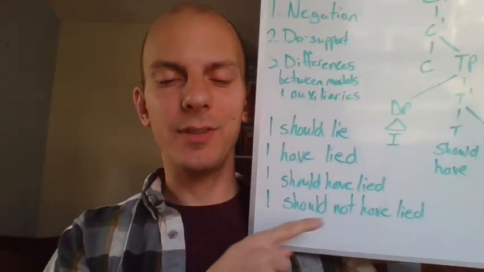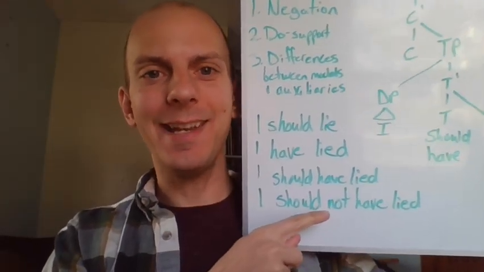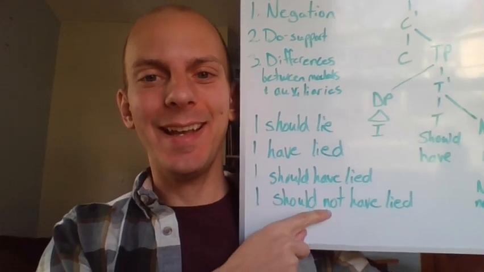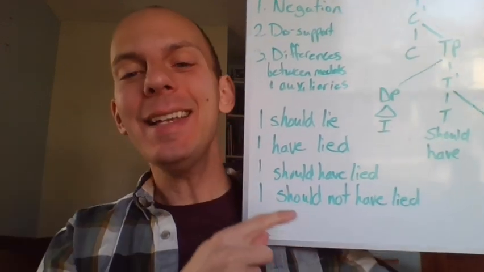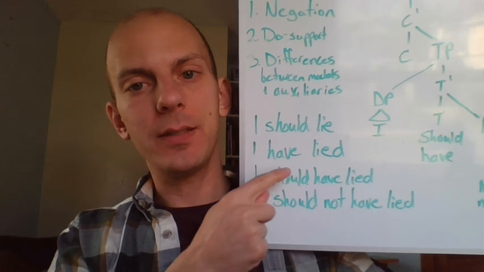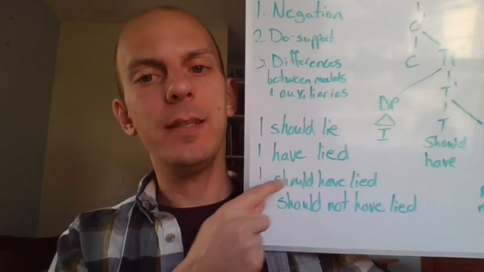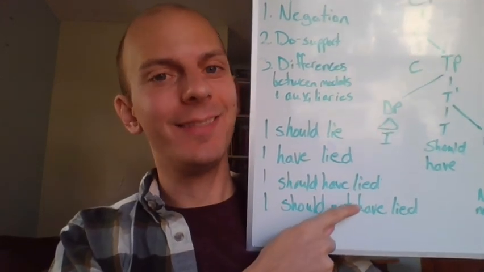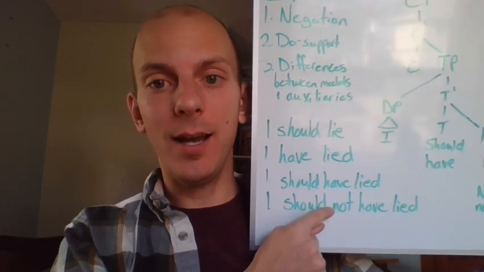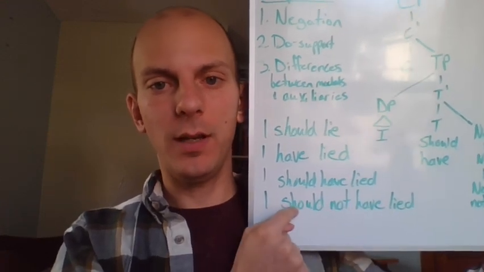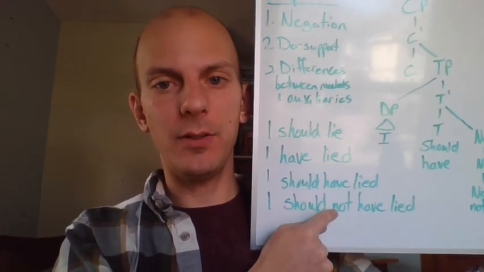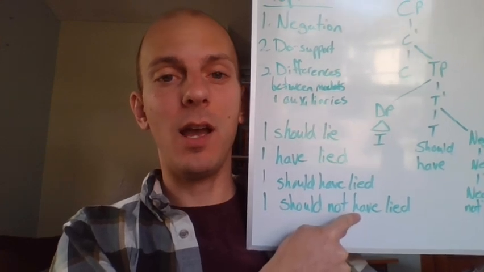And what's really interesting about this, sorry, I'm a geek, I find this fascinating, right? Before, these were next to each other, so it was a little bit harder to tease them apart, but now they're not, pun right there, they're not next to each other. You have should higher up than the negation, and have lower down than the negation.